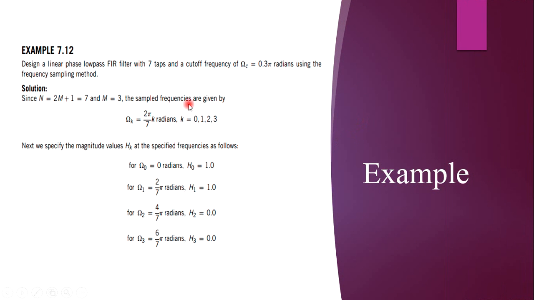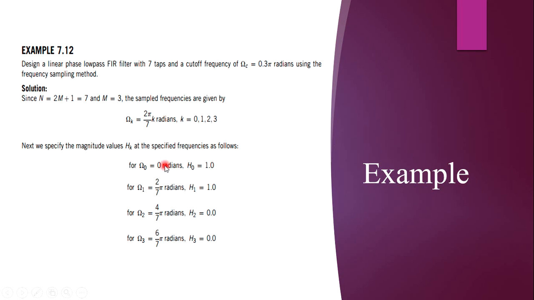So just substituting the value of 2m plus 1 as 7, and varying the values of k, we will get sigma 0, that is 0 radian, sigma 1, 2 pi by 7, sigma 2, 4 pi by 7, sigma 3, 6 pi by 7. Then the normalized cutoff frequency is given, which is 0.3 pi.